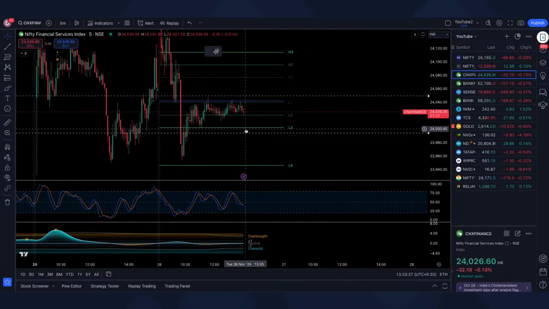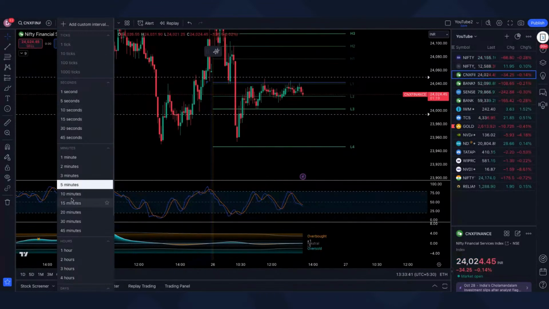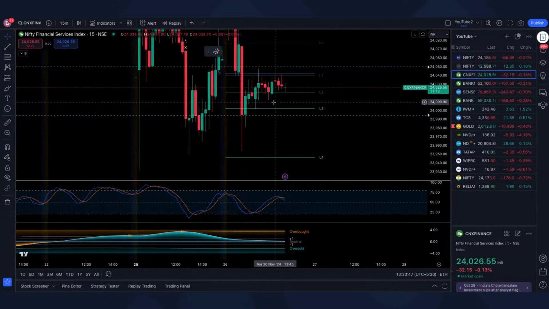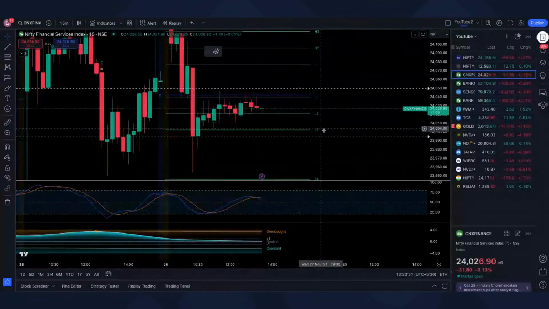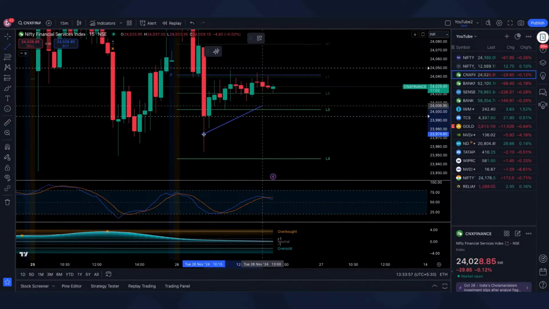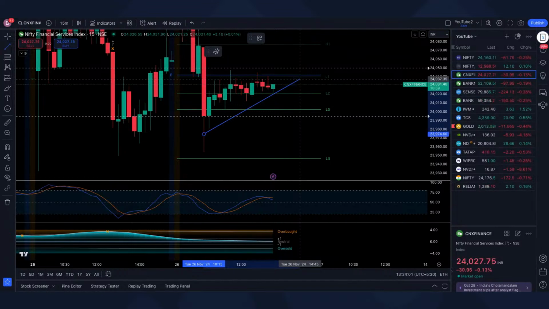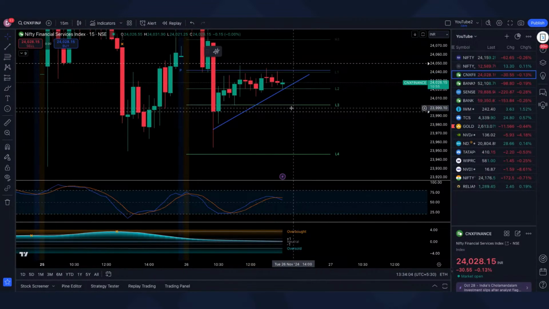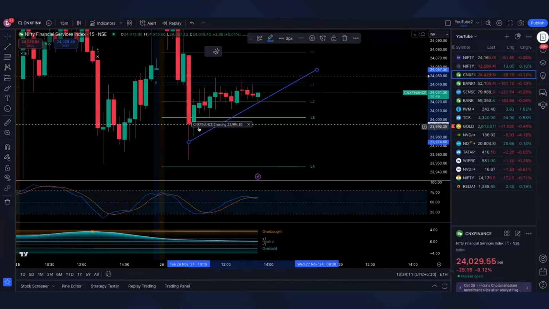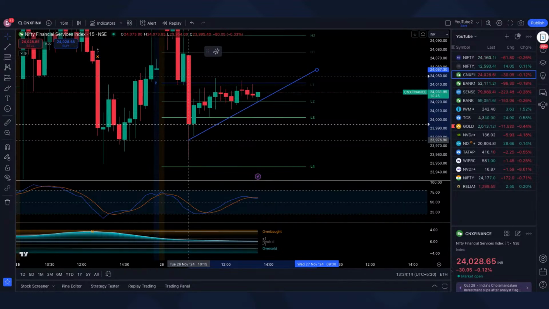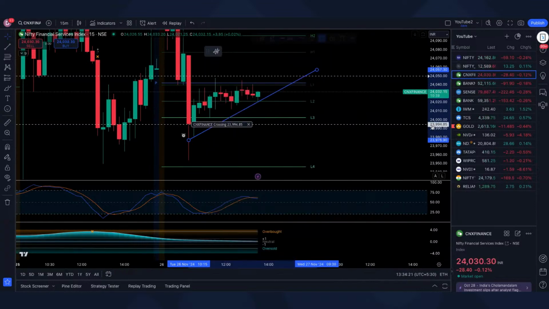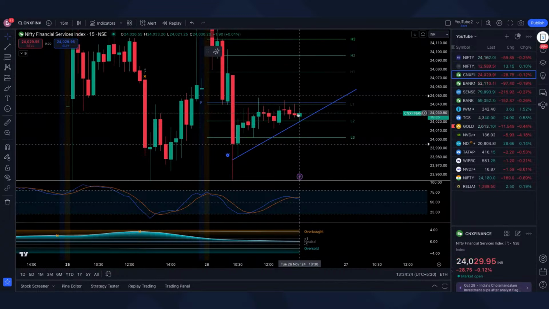I need to do a proper trend line here. All right, so we had created, so right now as you can see, this is moving quite fast.